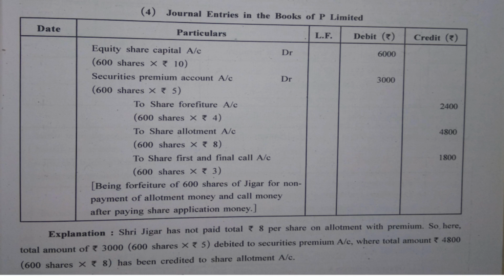Yes, this is not new. While writing down the journal entry for forfeiture of shares, the very first thing that we are doing is debiting share capital account. If it is equity share, then we write equity share capital account. If it is preference share, you will write it as preference share capital account.